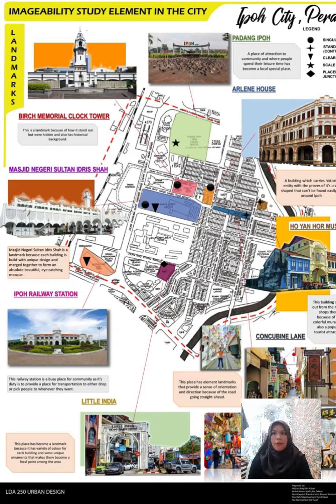Moving on, we have Ipoh Railway Station. A railway station is a busy place for the community, as its duty is to provide a place for transportation to either drop off or pick up people whenever they want. It is a really common duty of a station, but what makes Ipoh Railway Station a landmark is its clear focus.